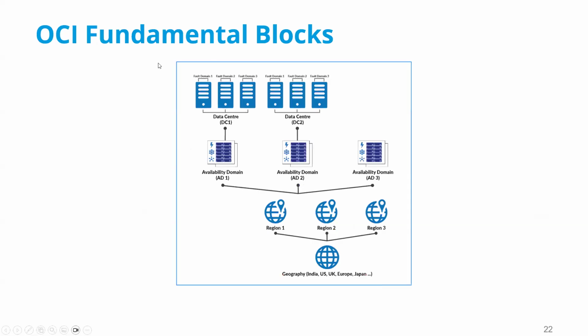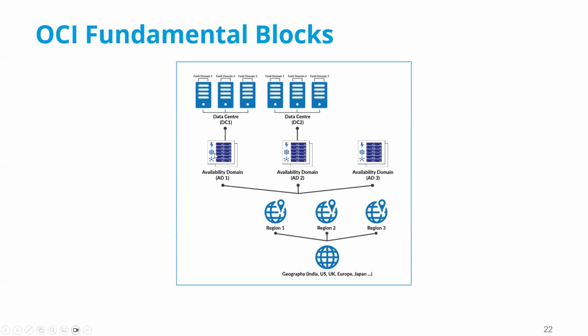And here is the complete picture of OCI. Regions are basically the geographical regions. Suppose we have three regions: region 1, region 2, and region 3. It can be Mumbai, Hyderabad, and, for example, US. Now one region can have one availability domain or multiple availability domains, like in this example, where one region has three availability domains.